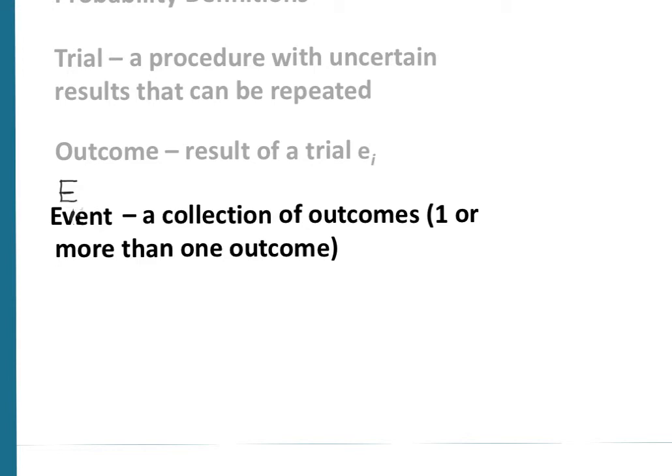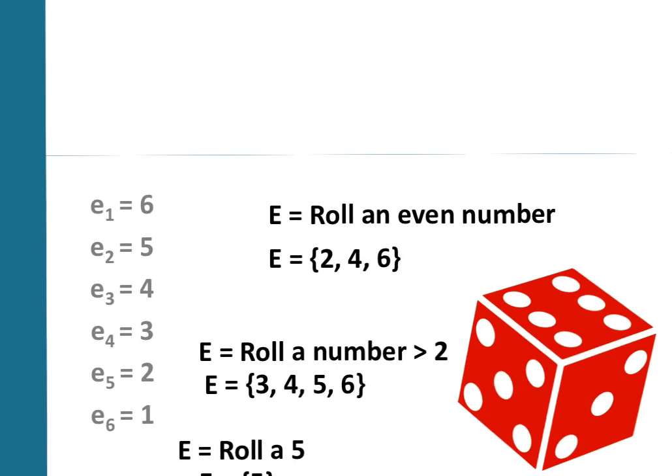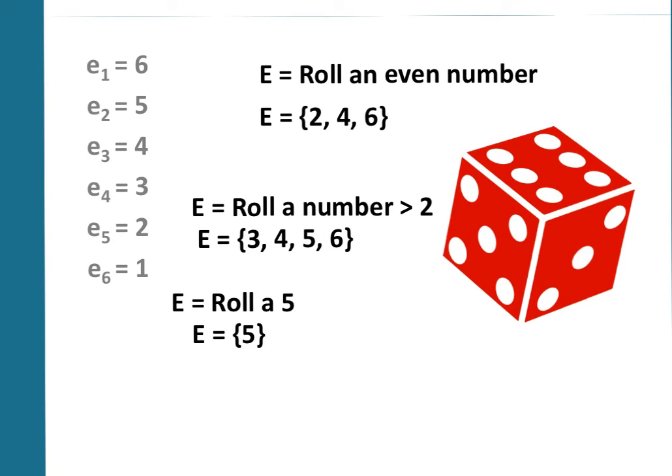So that's where the little e comes from. Okay, for instance, our small e outcomes could be the numbers on the sides of a die. A large E event would be to roll an even number, like 2, 4, or 6.